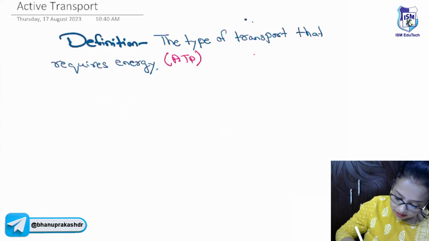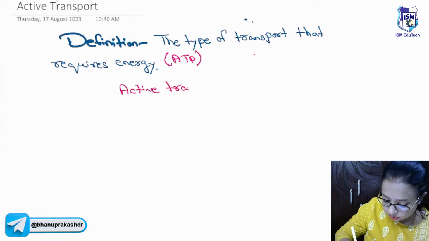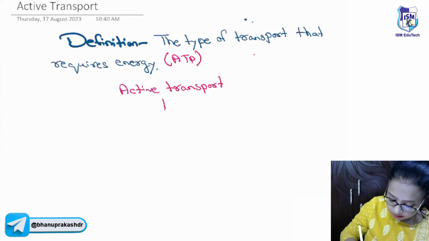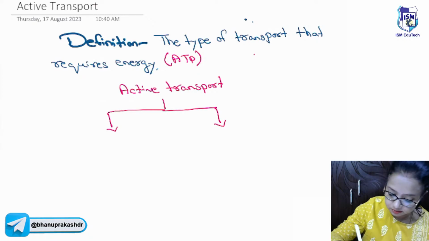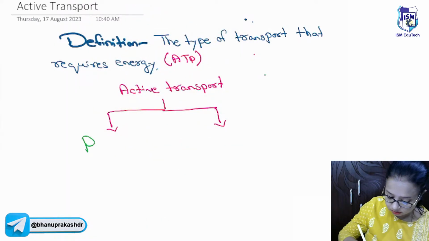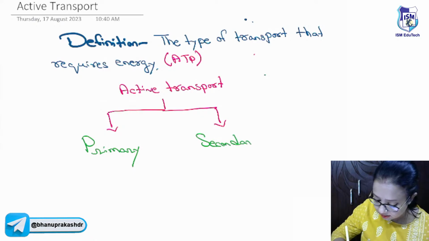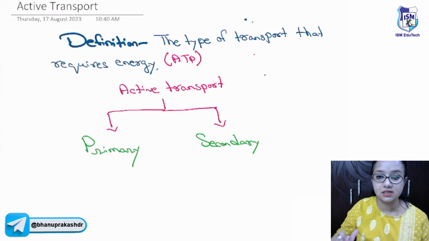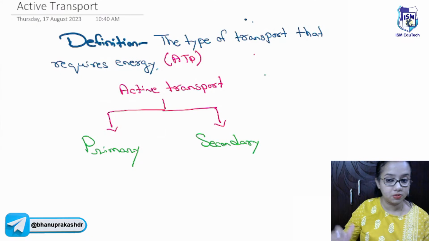Now, this active transport is again of two types mainly, which is the primary active transport and the secondary active transport. So traditionally, we have always heard and understood and studied about these two types of transport.